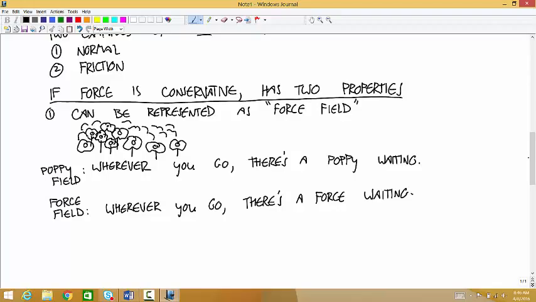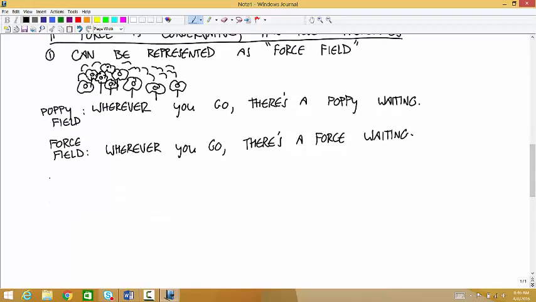The second one, this is the one that we're going to use directly. These are the two properties of conservative forces. So if a force is conservative, every location is associated with a potential energy.